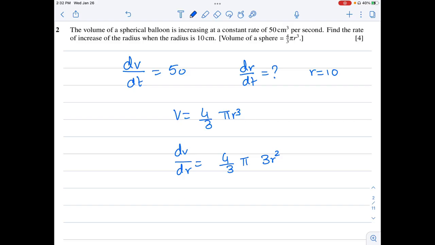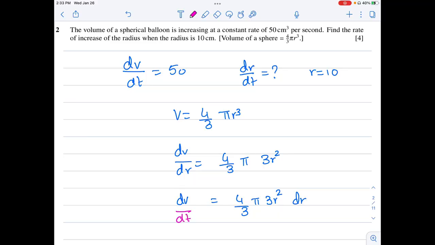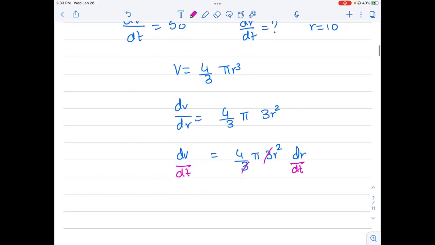So what am I going to do? I am going to take that dr to the other side. So instead of writing dV by dt, I write dV equals 4 upon 3 pi 3r square dr. Then I am going to divide by dt on both sides, and you can see 3 and 3 get cancelled. dV by dt value has been given as 50, which is equal to 4 pi, radius value 10 whole square, dr upon dt.